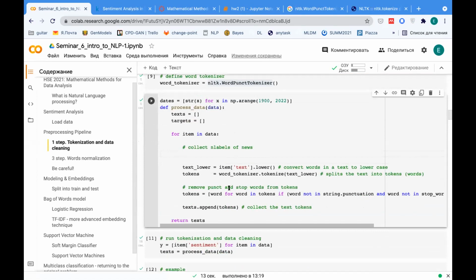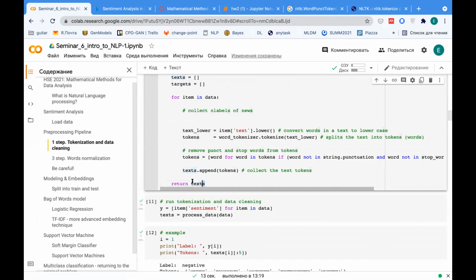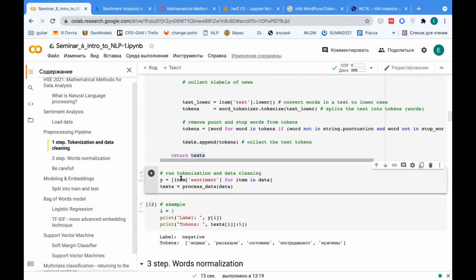So after this, we will just append all these tokens to some list. Then let's see what we have. So we run processing of the data.